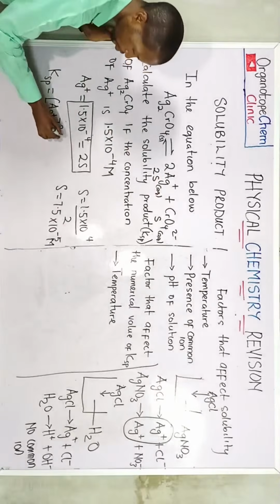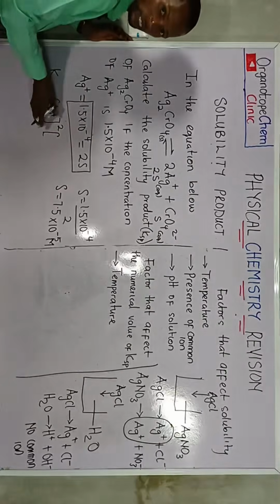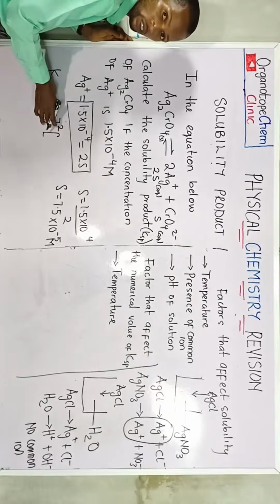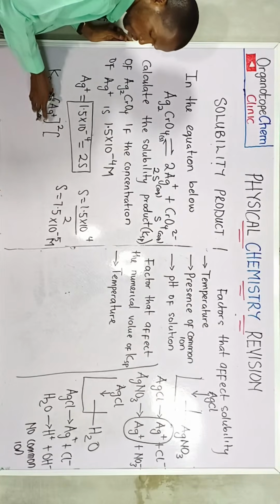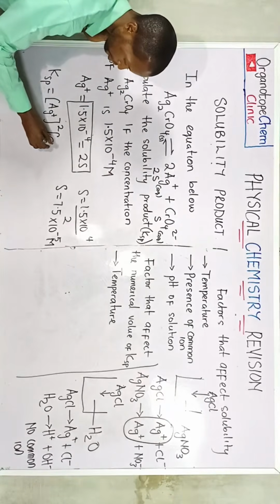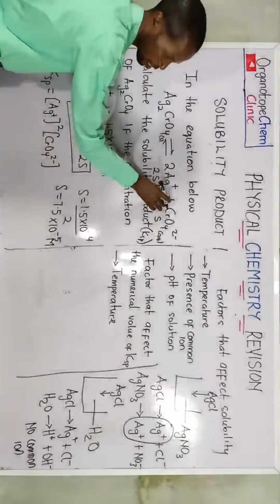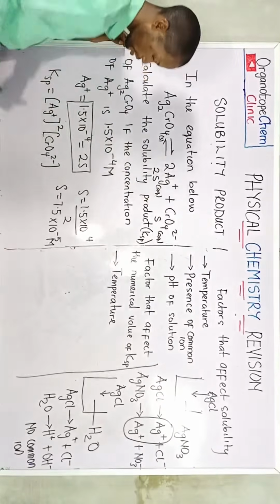Then this one, please, in the exam, do not write plus in between the concentrations right here. It is the product. We are multiplying the concentrations. So we are having that of chromate, CrO4 2-. So what is the coefficient here? It is 1. So we don't need to indicate 1.